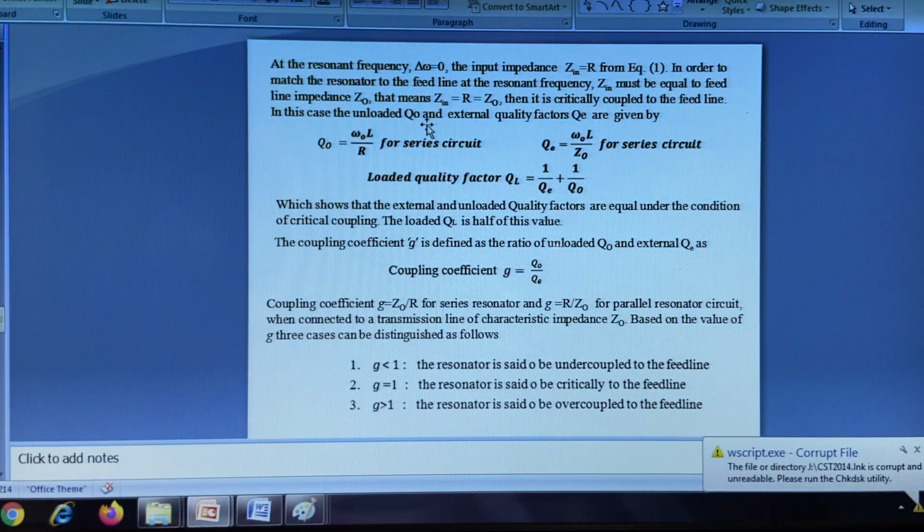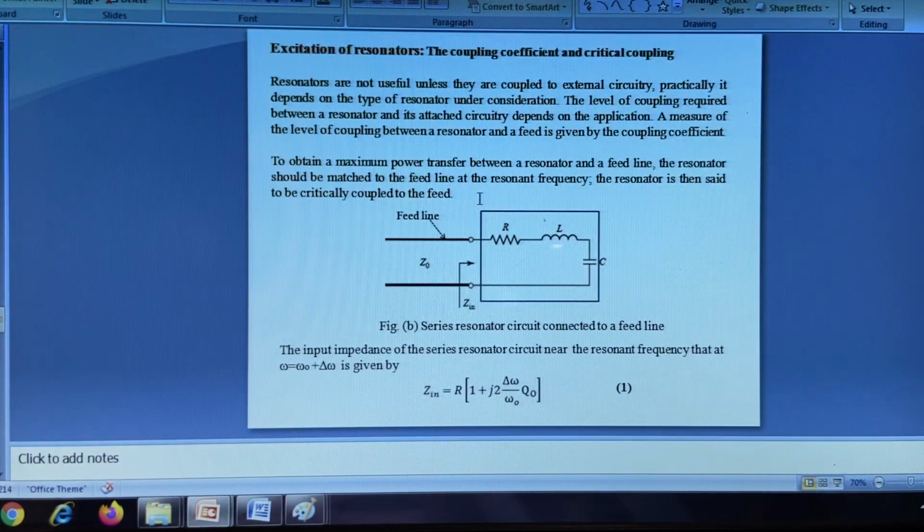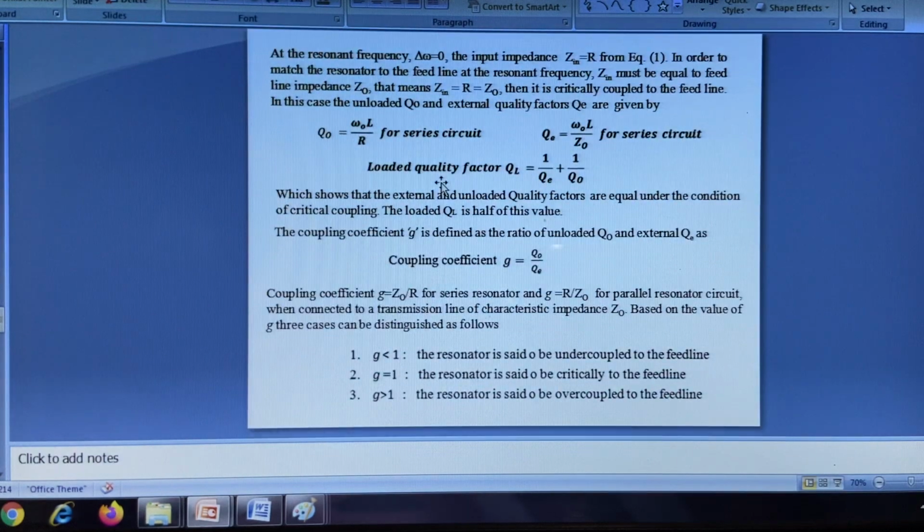The unloaded quality factor Q0, which is associated with the resonator circuit alone, is given by ω0L divided by R for a series circuit. So we are discussing a series circuit here. Similarly, the external quality factor is given by ω0L divided by Z0.